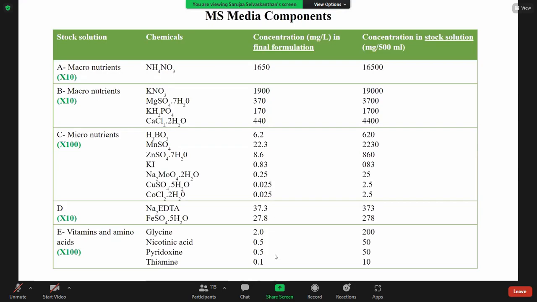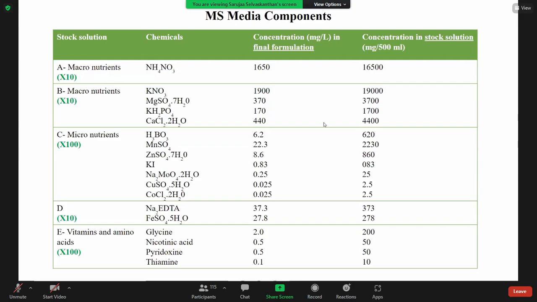For 1 liter of media in the final formulation, 1650 milligram of ammonium nitrate should be present. Understand or not? Yes. Okay.